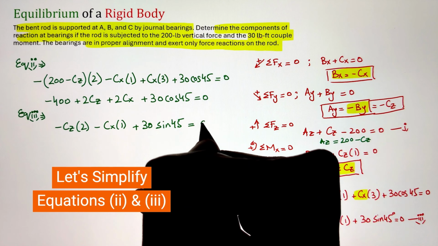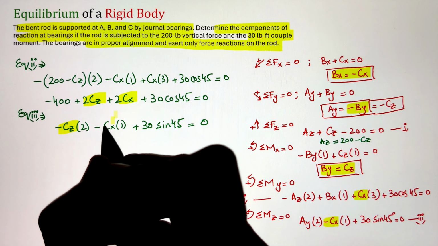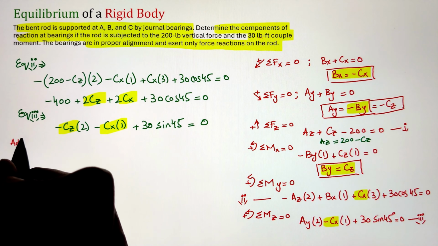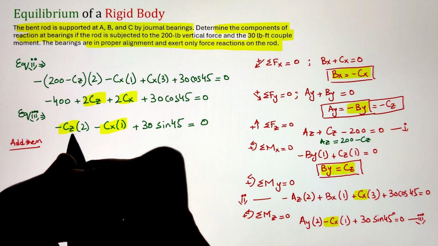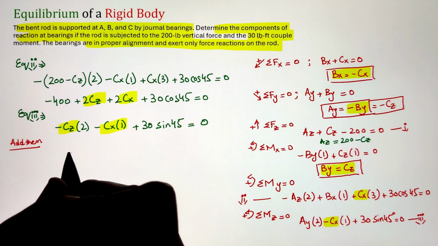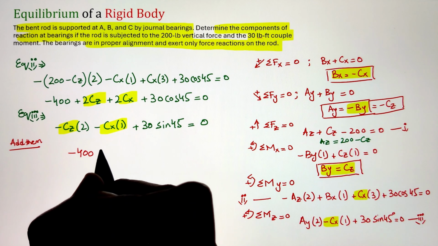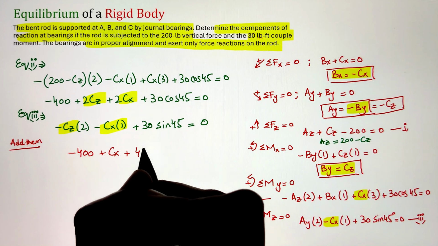Now, after this substitution, we have these two equations that have just two variables. So we can simplify by adding them together and solve for these Cx and Cz. Once we add them together, Cz will cancel out and we're only left with one variable, Cx.